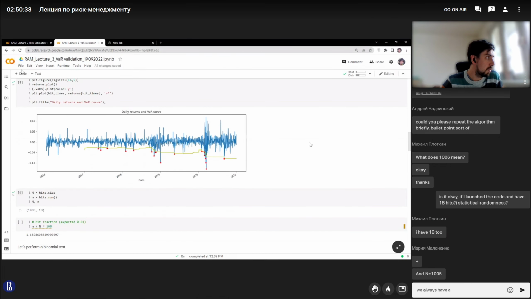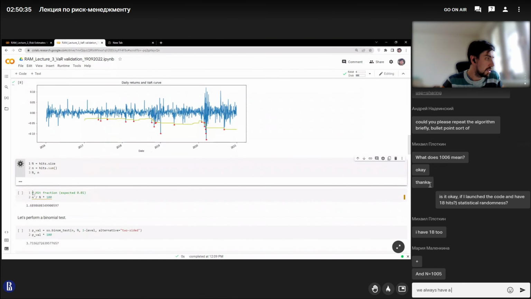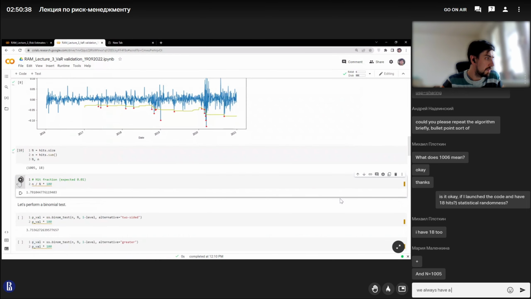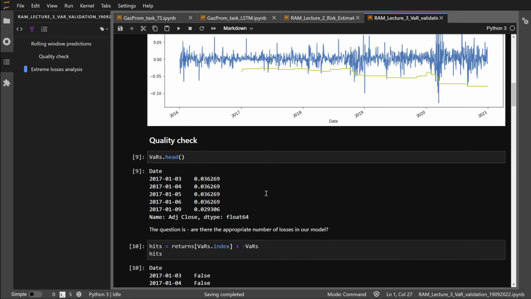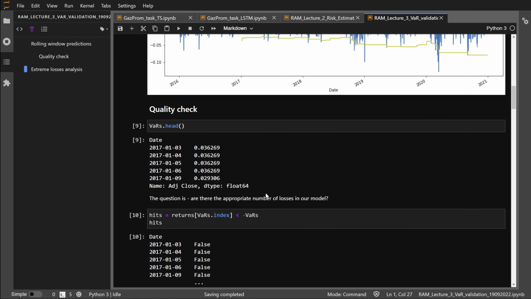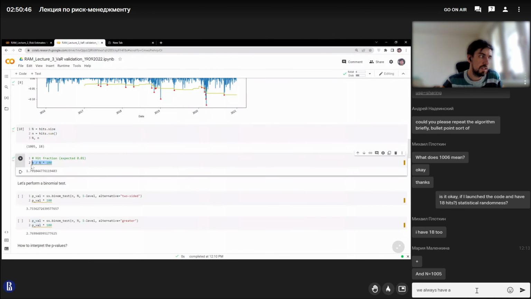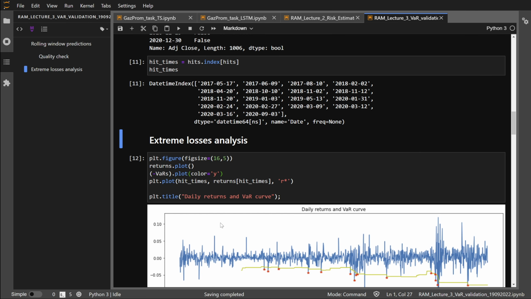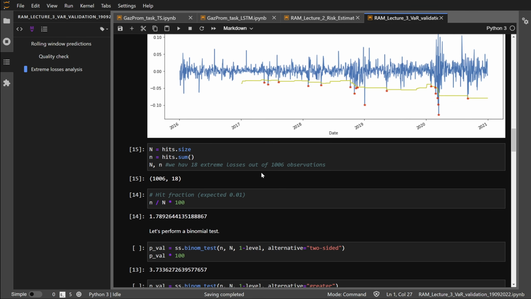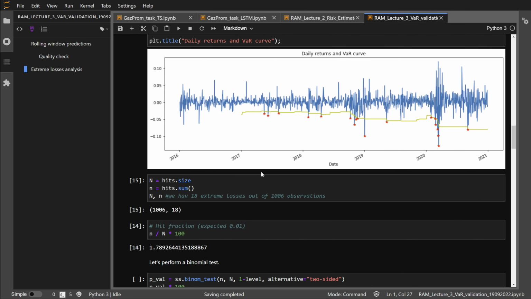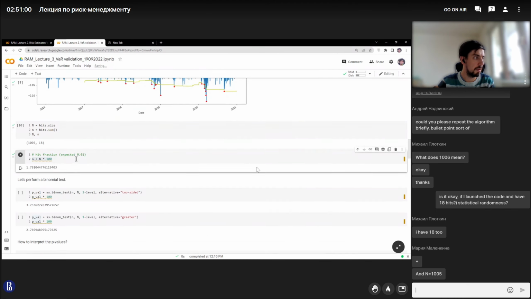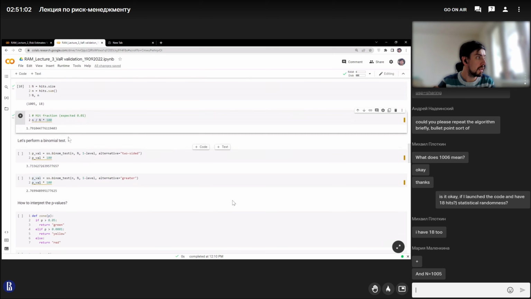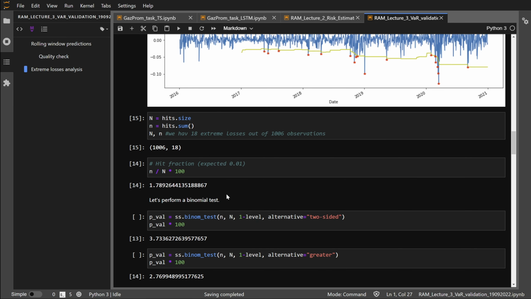Yeah, at least now we're on the same page. So we have 105 observations and we have 18 hits. Well, it doesn't change the picture drastically, at least all the results and all the conclusions that we have to make out of this example are still the same. All right, so here is the question.